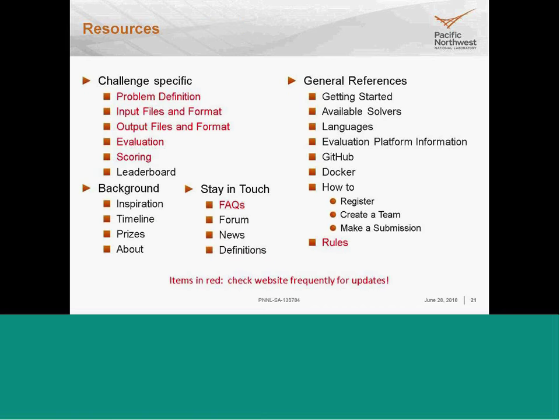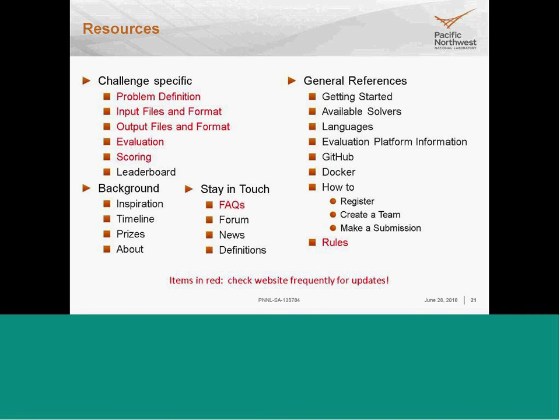Other resources, the information. There are going to be lots of challenge-specific problems out there: the problem definition, the input files in their format, the output files in their format, how we do the evaluation, how we do the scoring, and then there's the leaderboard. There's also lots of general background information about how the whole project came about.